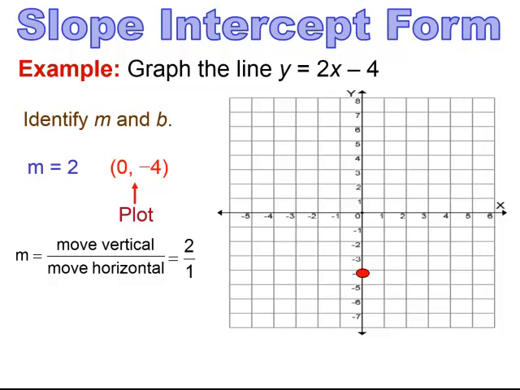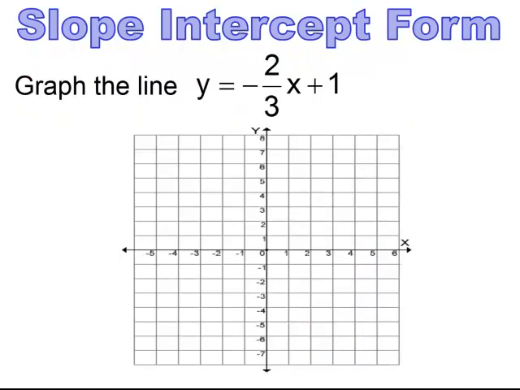And because it's positive, we're going to move up 2 from that intercept and over +1 and plot our second point. And now I can graph the line, and this is the graph for y equals 2x minus 4, using the slope and the intercept to graph the line.